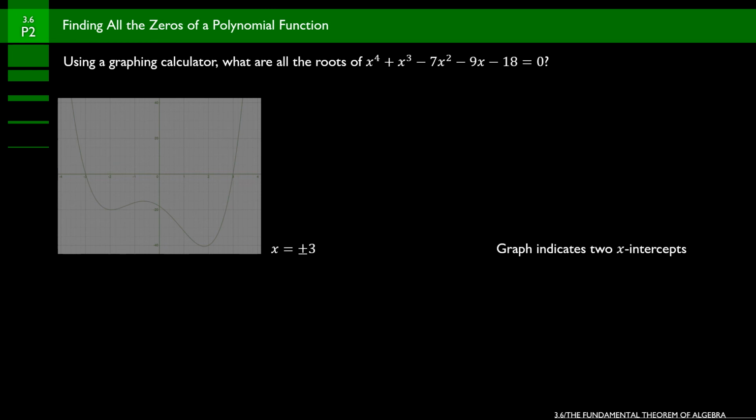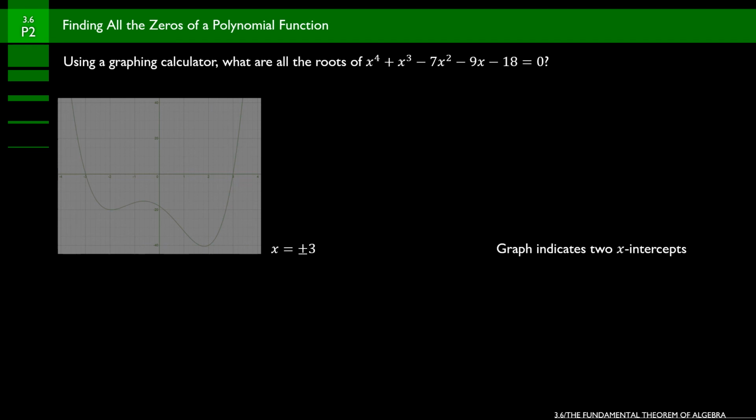If we look at that lead exponent, we see that the lead exponent is 4, which tells us that there are 2 more roots to this problem, which means that they're both going to be imaginary numbers.